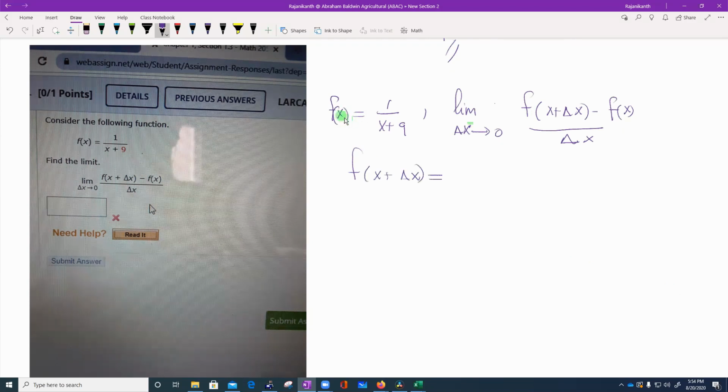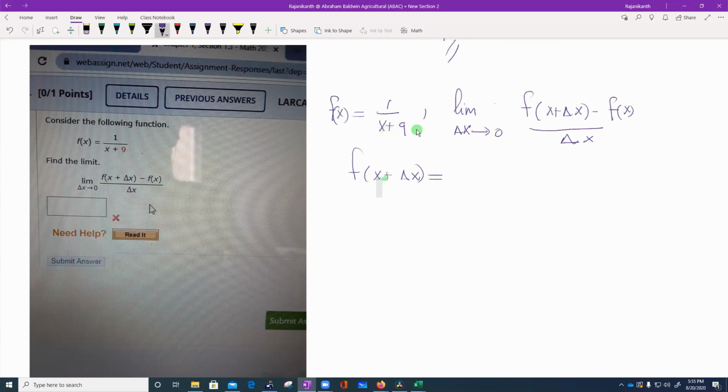You know f(x) is 1 over x plus 9, right? Then how do you find f of x plus delta x? It's very simple. Simply replace x by x plus delta x everywhere here.